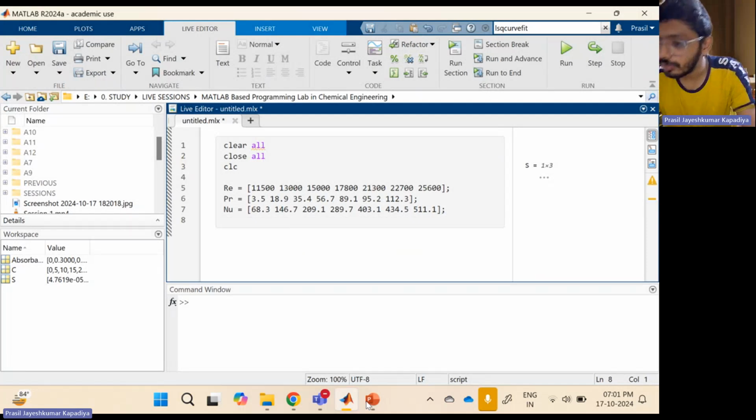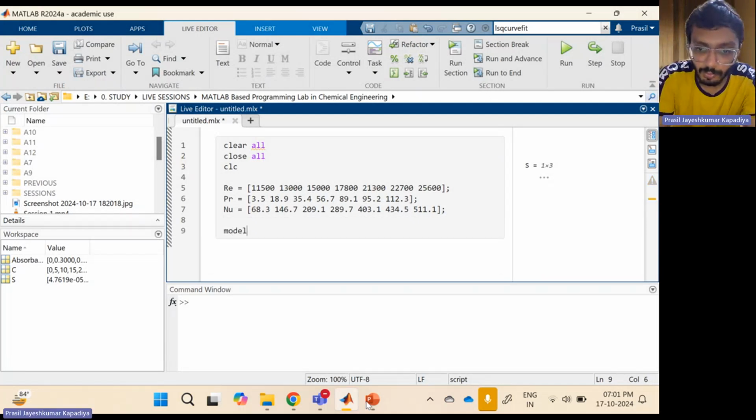Okay, so now I need to define the model that I want to fit.